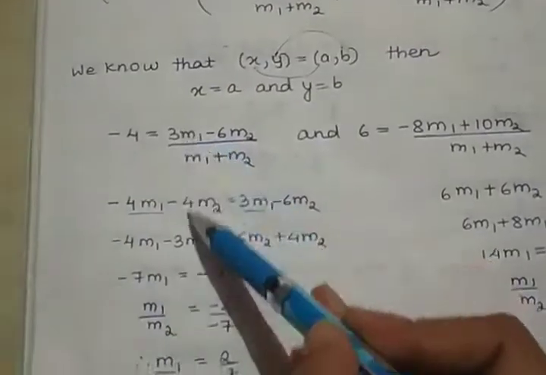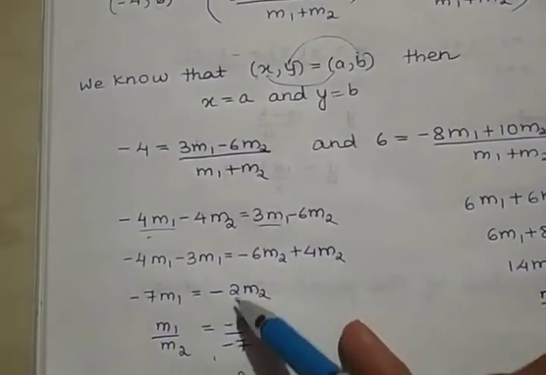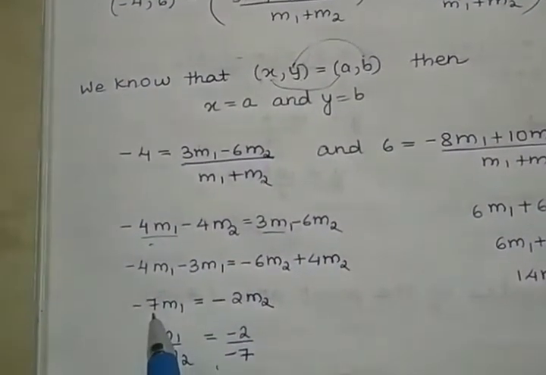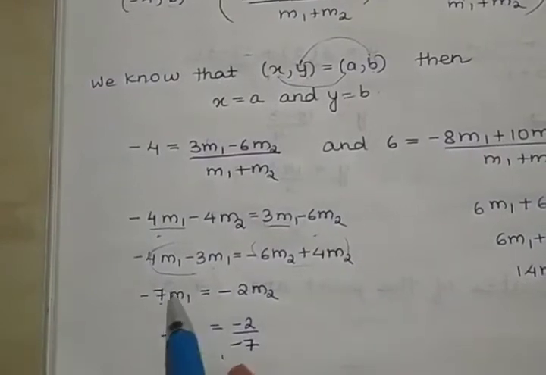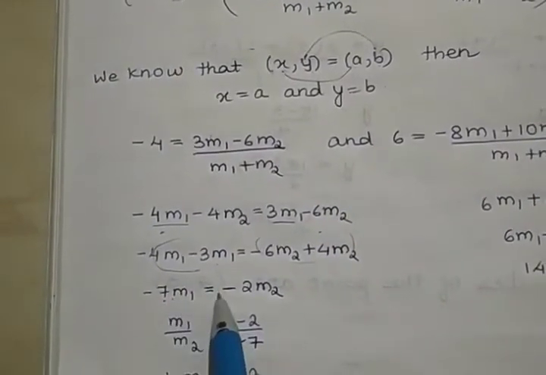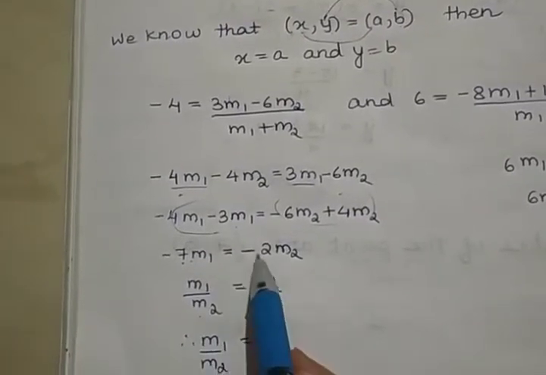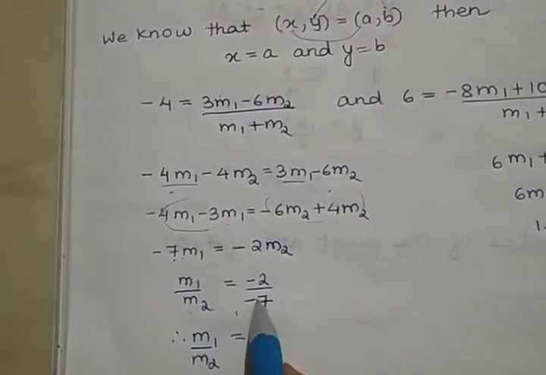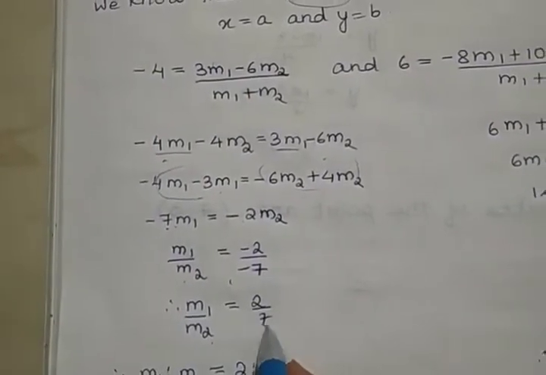Now first let us solve this. If I take this on the other side and solve, taking all m1s on one side and m2s on the other side, I get -7m1 is equal to -2m2. So m1 upon m2 is -2 upon -7, which is 2 upon 7.